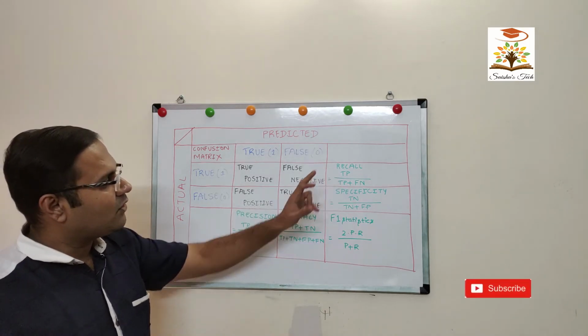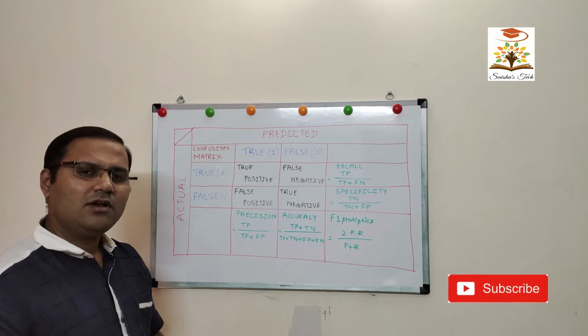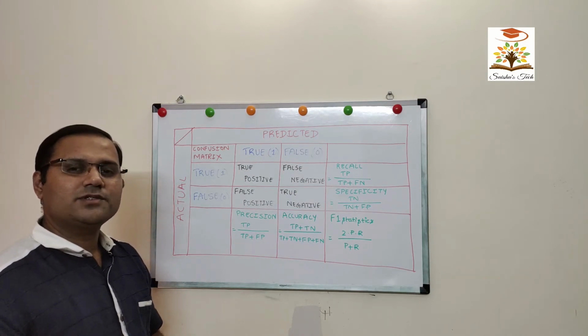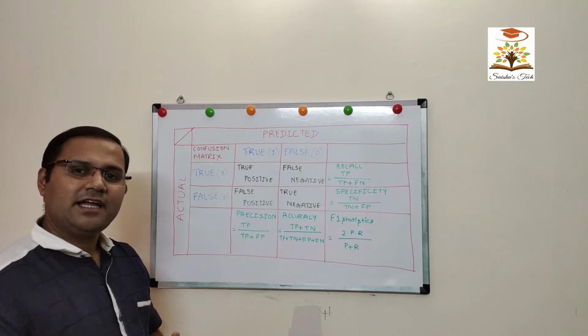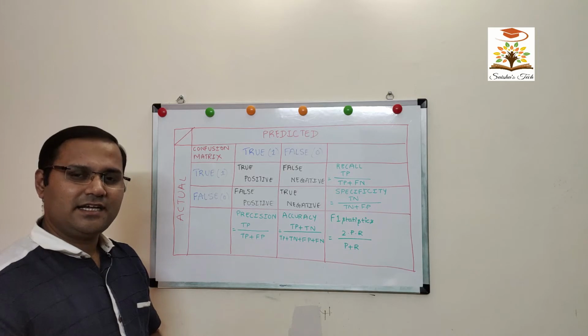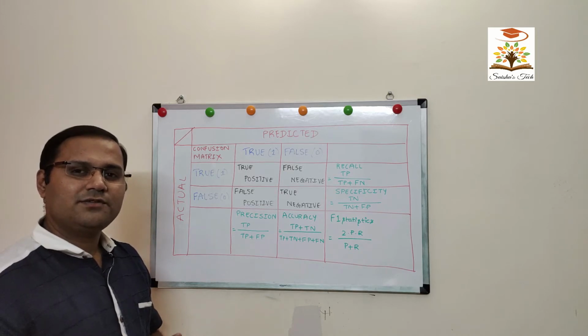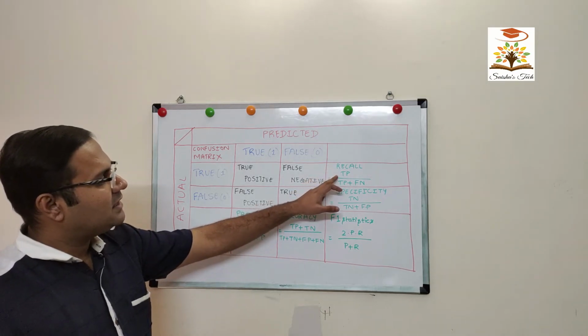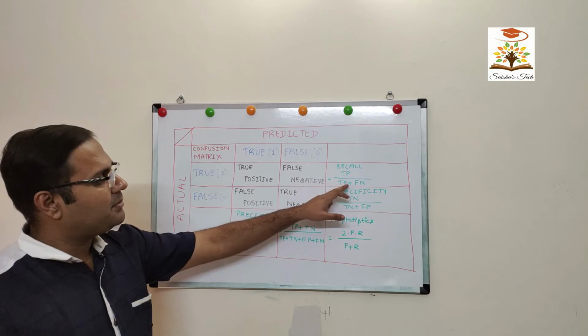The first is recall. Recall provides you the measure of the rate of true positives which are correctly identified. Which means if there is a sunny day, how many of the cases were correctly identified as sunny? The formula for recall is TP divided by TP plus FN.